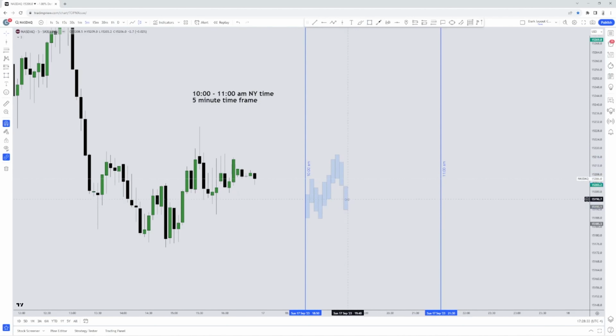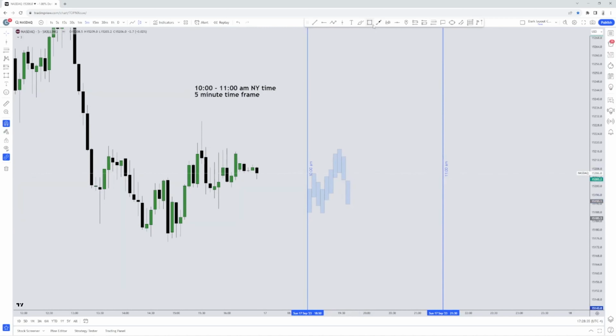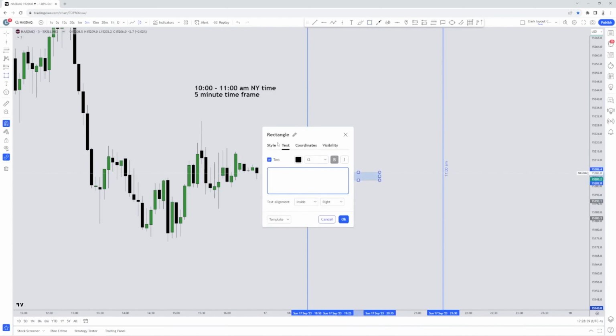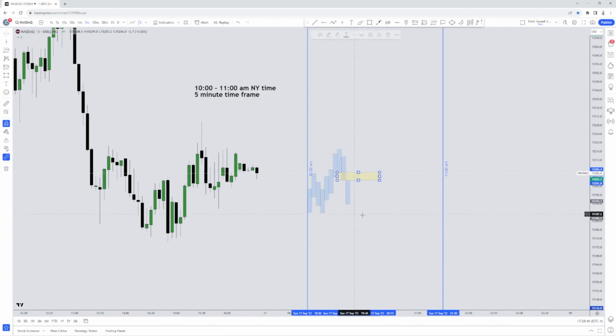You see the FVG in this occasion? It is the space between this candlestick and this candlestick right here. And if I change it on the style, you will see that this is our FVG, because this is the first gap that was created on the 5-minute time frame between 10 and 11 AM.